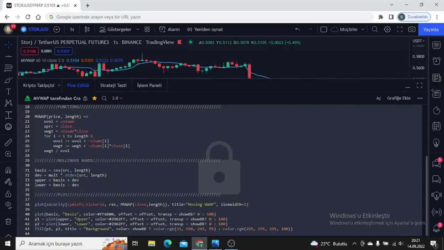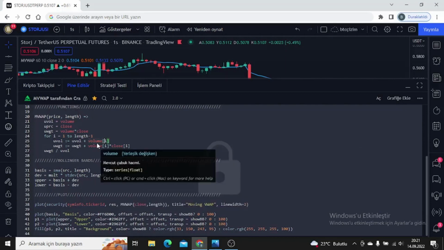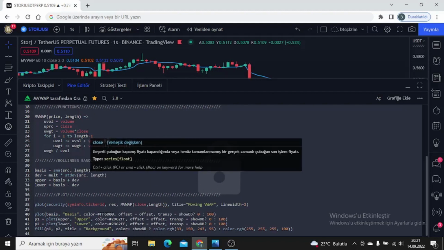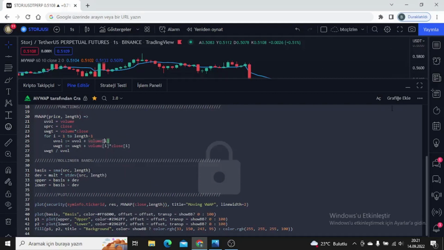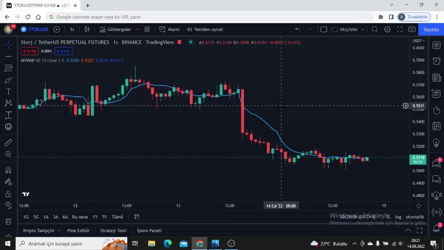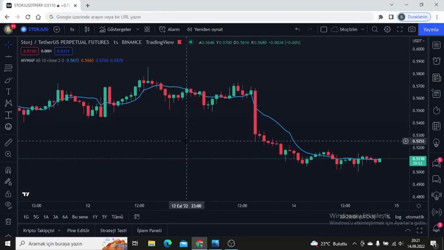I can even show it to you: I choose the source code, and it gives me the source code as you can see here. The part that is volume calculates the volume. It takes the volume according to what? It says volume close. It determines a line for us according to the volume close. Guys, this is how I show it.